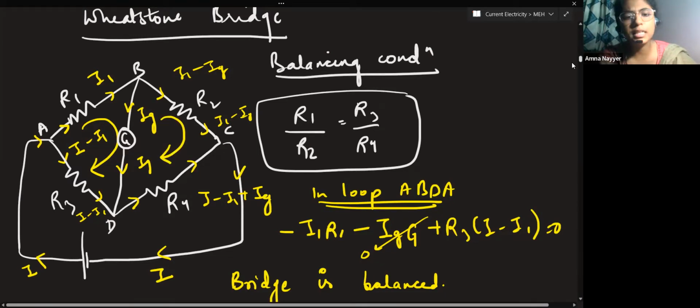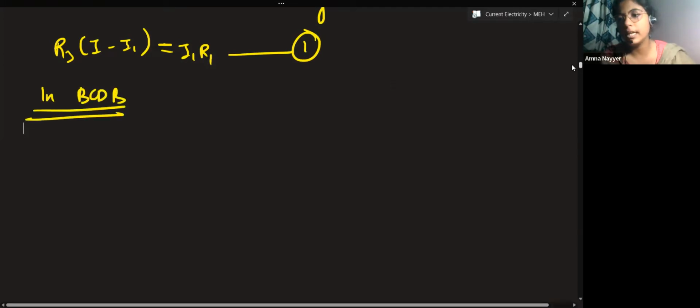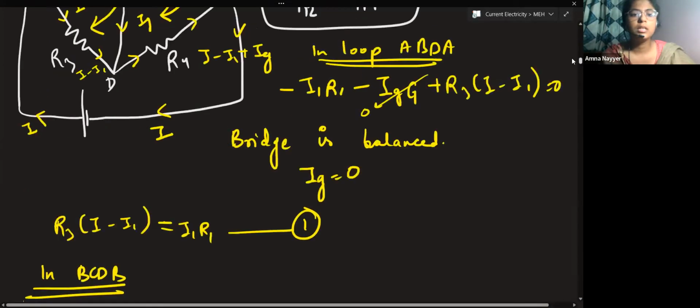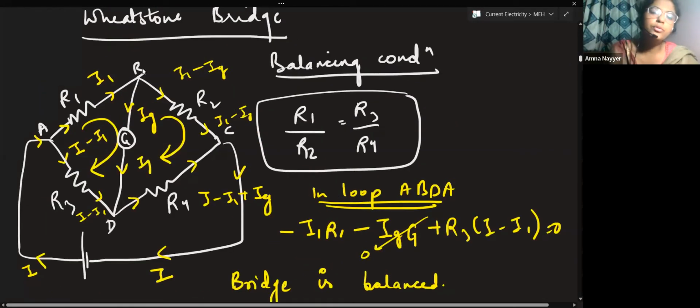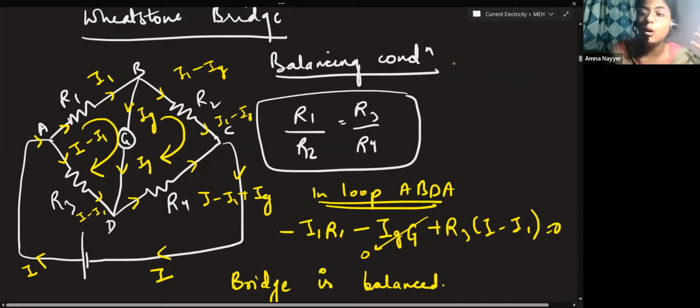So BCDB. In BCDB, let's start moving. So if we move from B to C, we are moving along the direction of current. I have repeated it so many times. Along is negative, opposite is positive, everything.